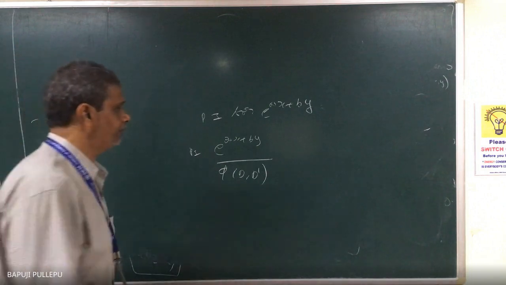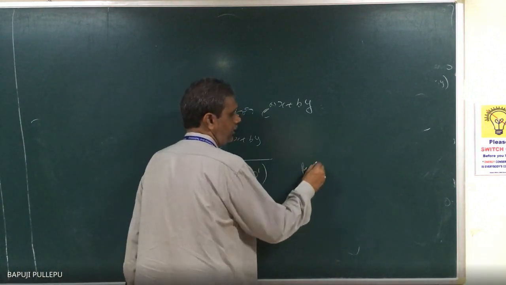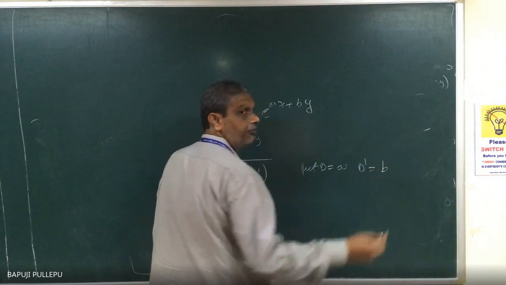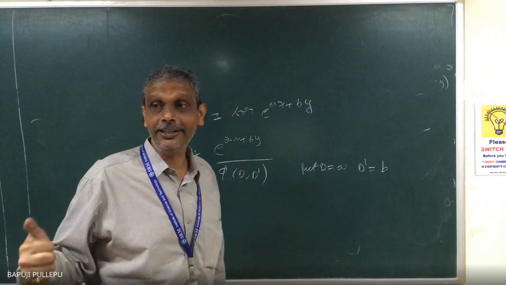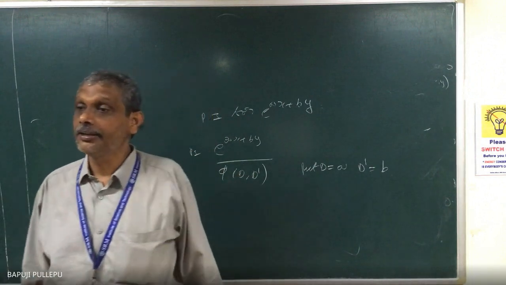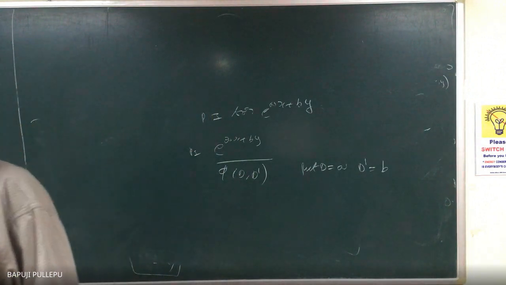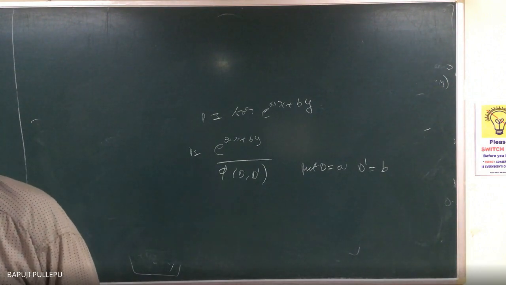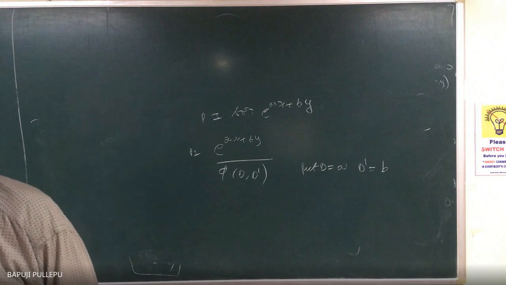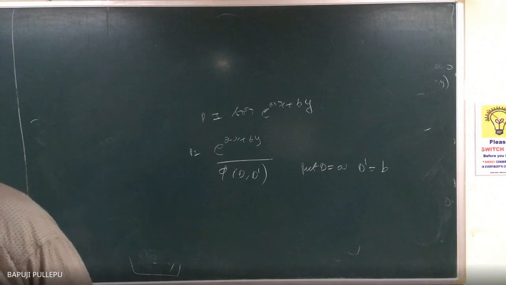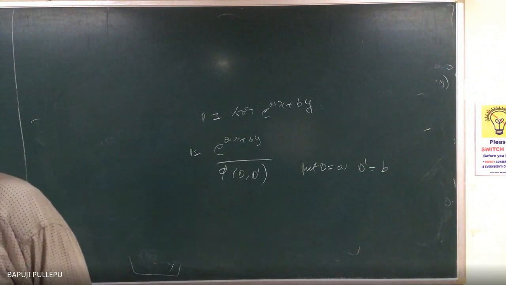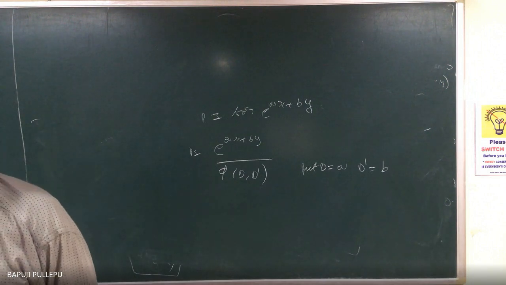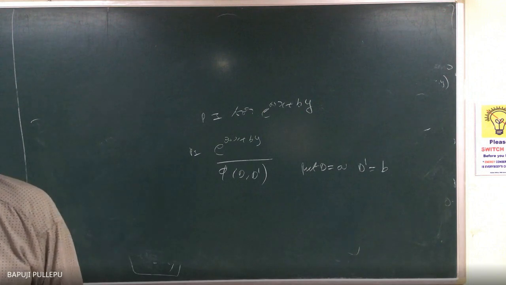So put D = a, D′ = b, provided φ(D, D′) is not equal to 0. Then you substitute D = a, D′ = b and get φ(a, b), which should not be 0. If it is 0, the whole thing will collapse.